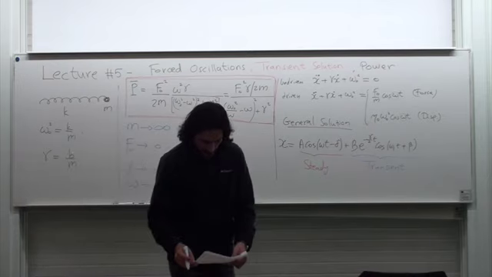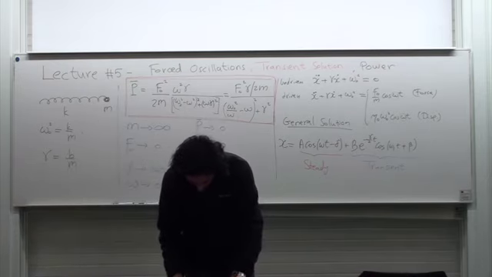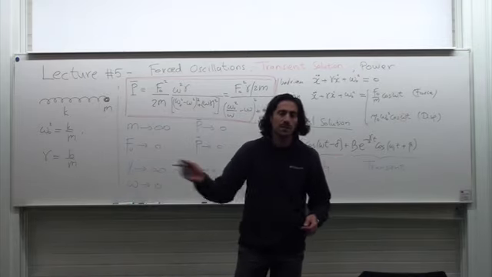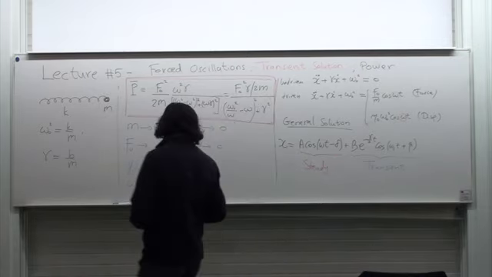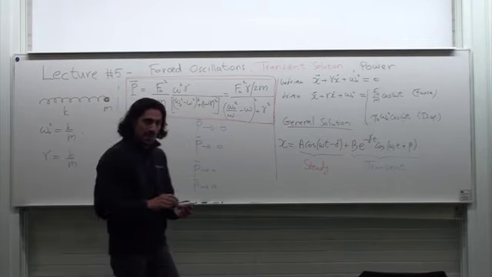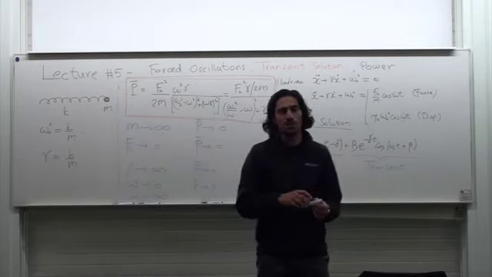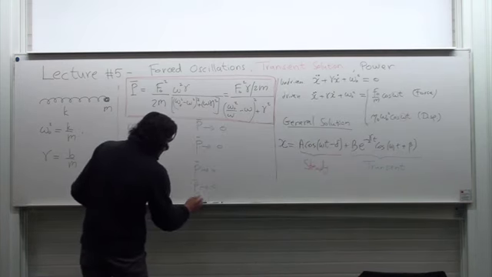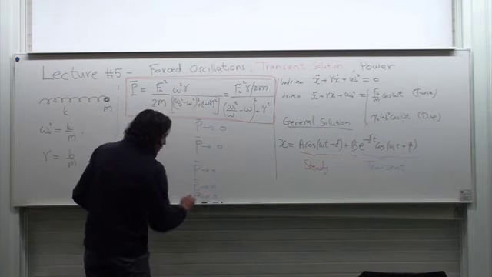What happens if the driving frequency is very large, so it goes to infinity? As we've seen last time, nothing will be moving, right? It's just too fast. So there will be no power as well.